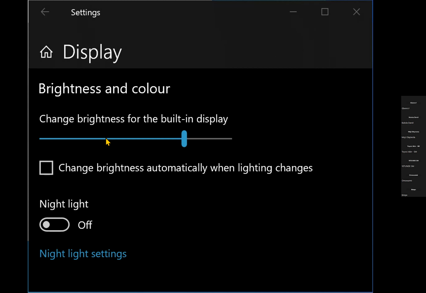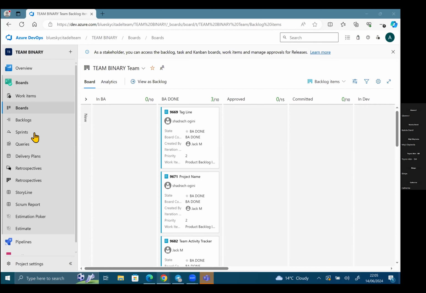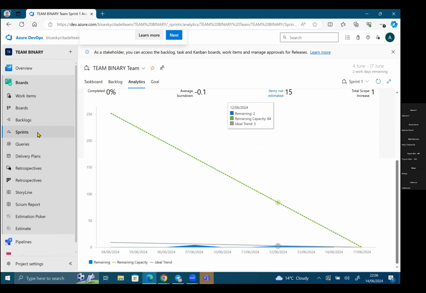That's if you don't want to go on the dashboard straight. Those are some of the other places where you can pick it up from. You have analytics at the top of that one also. If you click on that, then this will show you your burndown trend, as you can see. So something has been generated on your dashboard.